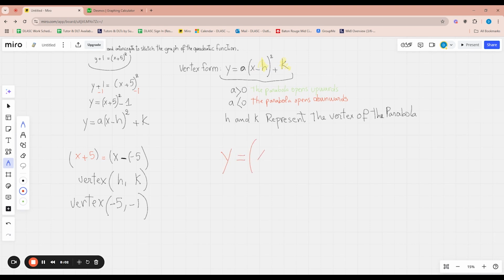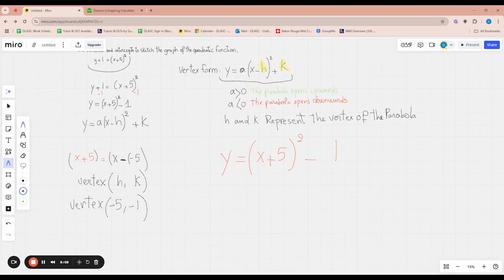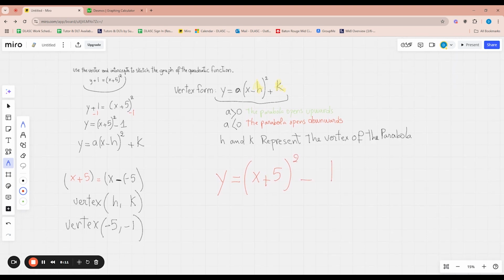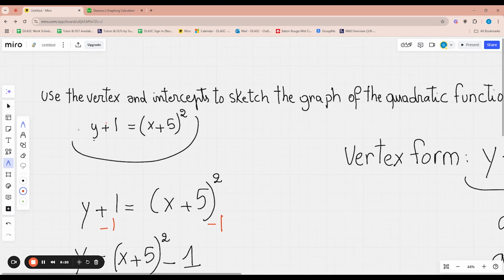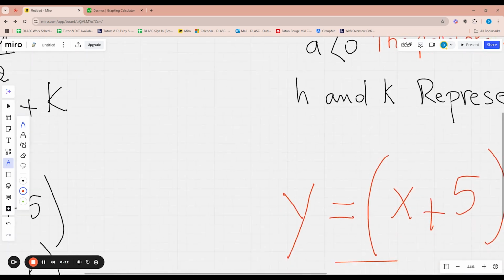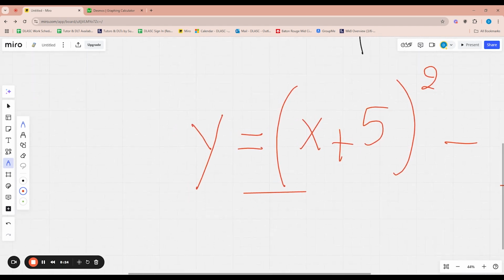We have (x + 5)^2 - 1. In the vertex form, the initial function was like this, and we made it look like this.